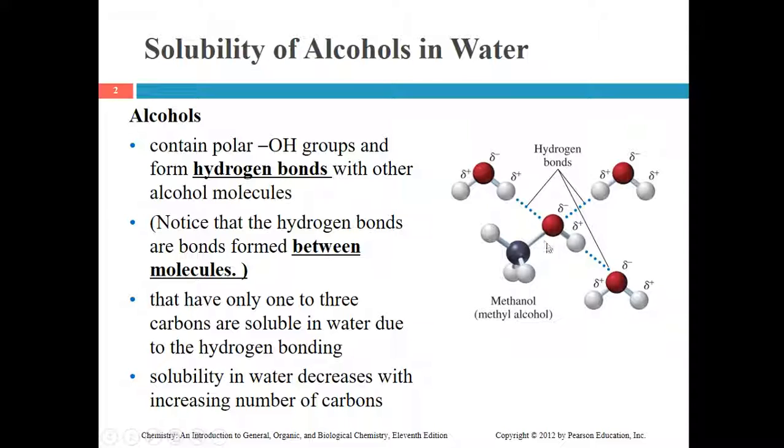Because the oxygen is partially negative and has two pairs of unshared electrons, those unshared pairs are attracted to the hydrogen of a water molecule that's partially positive. Actually, the partially positive hydrogen is attracted to the unshared pairs of electrons here.